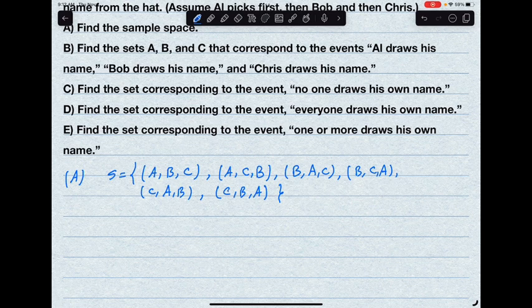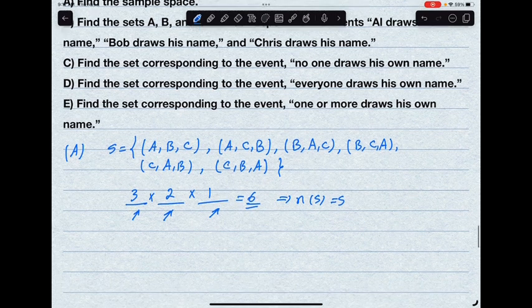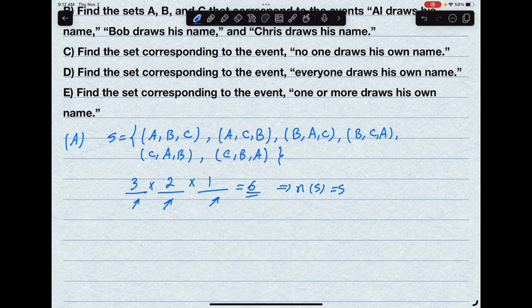We have 3 choices. The first one is what Al draws, the other one is what Ben draws, the last one is what Chris draws. There are 3 choices for Al, multiply by 2 for Ben, and the last one remains for Chris. That is just 6. So N(S) is 6, and you can see we found the 6 forms of drawing names.